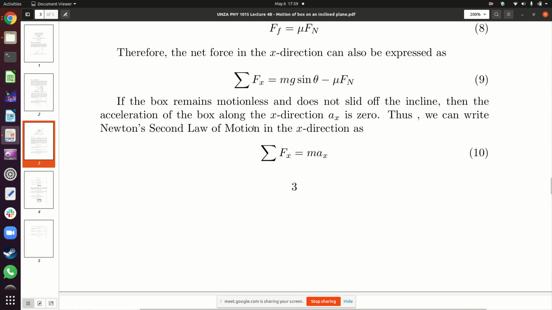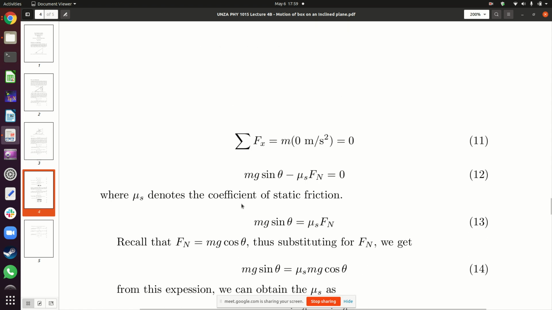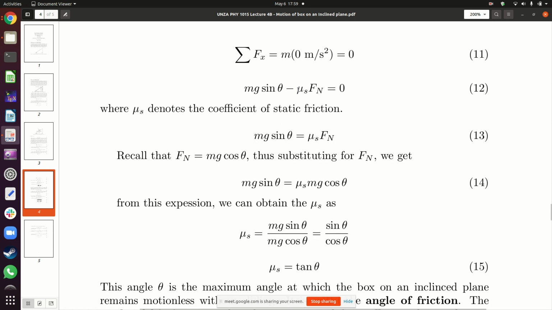But we have just worked out here that the resultant force along the x direction is equal to mg sin theta minus the coefficient of friction multiplied by the normal force. Since our box has decided not to move, the friction acting on it is static friction: mg sin theta minus the coefficient of static friction multiplied by the normal force, which is equal to 0.